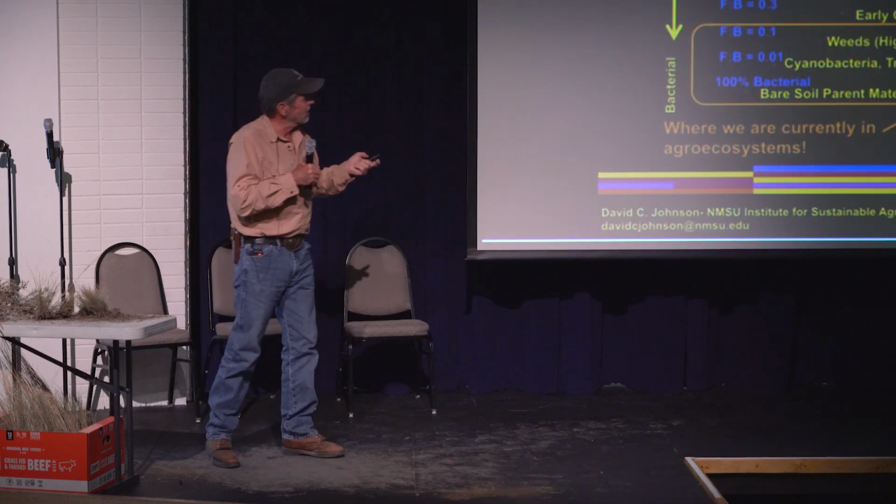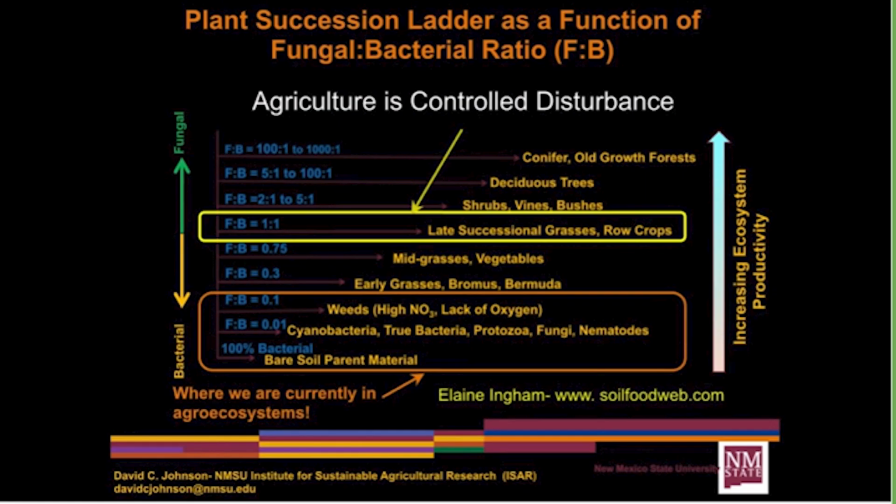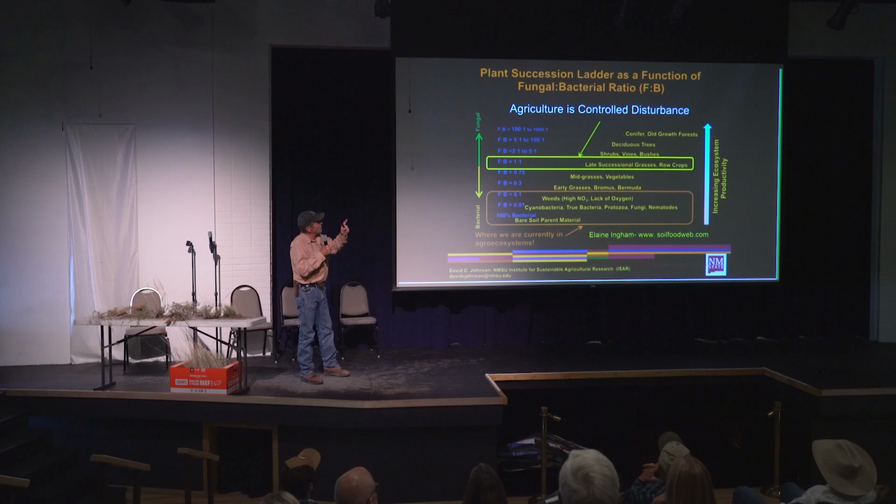I like this slide here. There's some controversy whether this, when it comes to soil biology, we're still learning. If anyone thinks we've got it dialed in, we're just at the cusp of learning this stuff. But I do see this in nature. I see the succession ladder as a function of fungal-bacterial ratios.